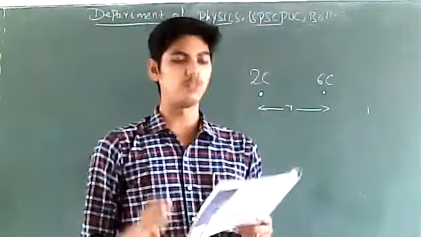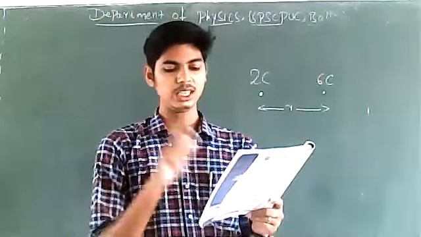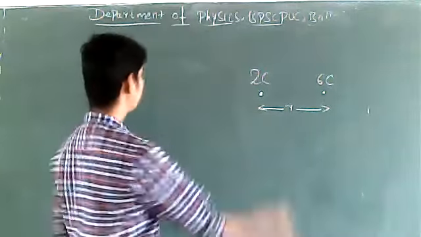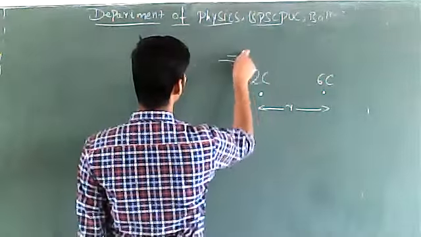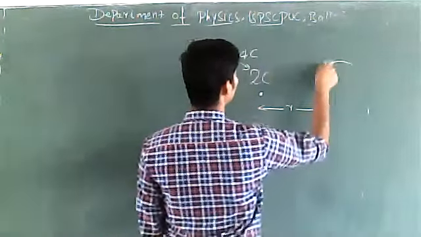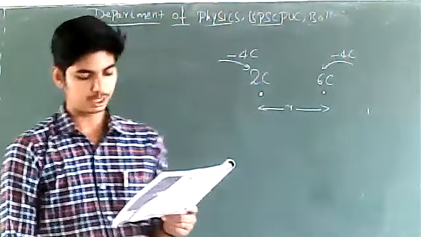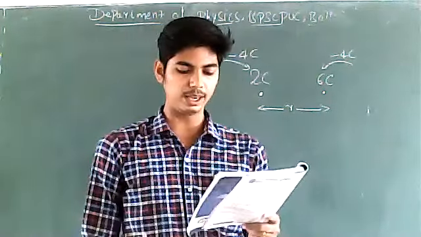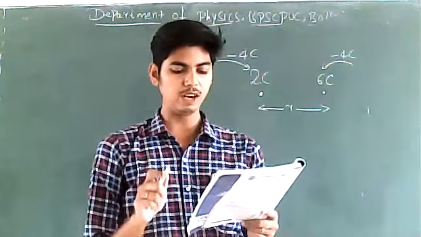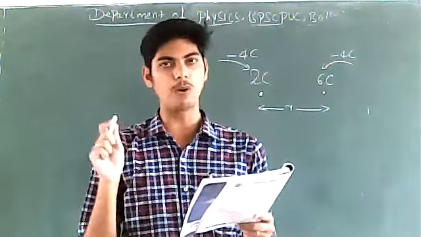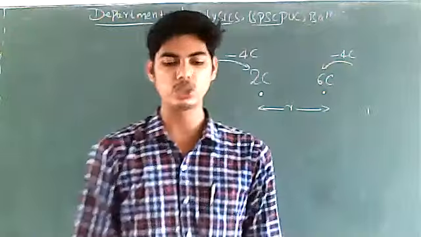If a charge of minus 4 coulomb is added to each of them, the initial force of 12 into 10 power 3 Newton will change to what?